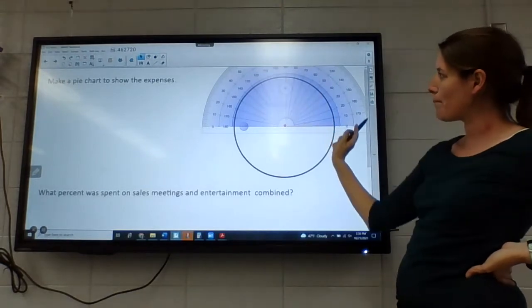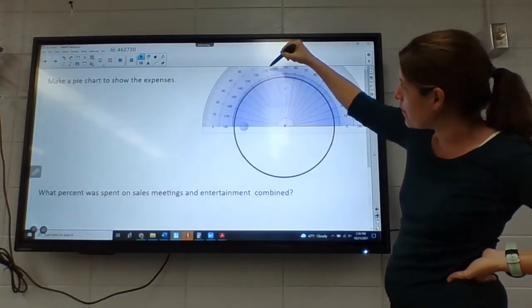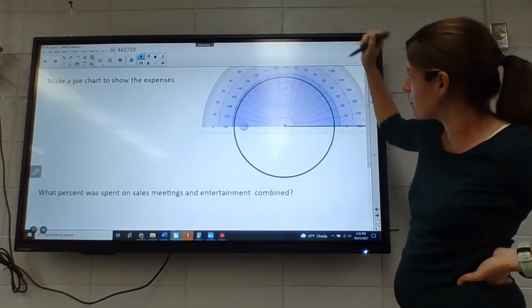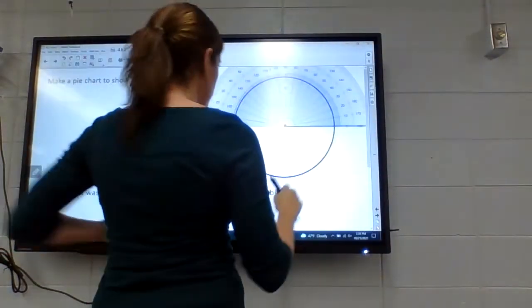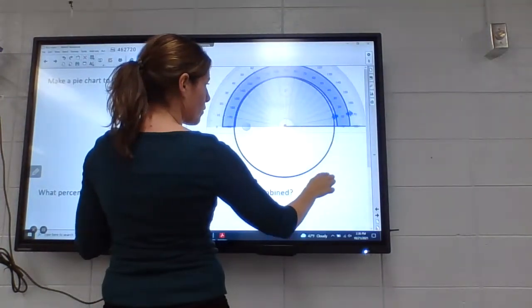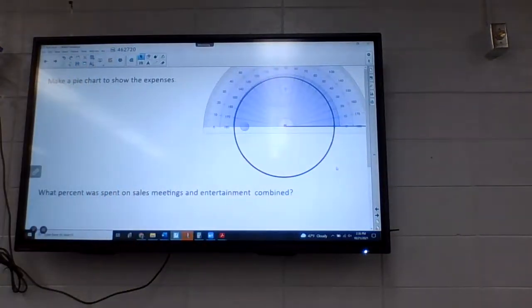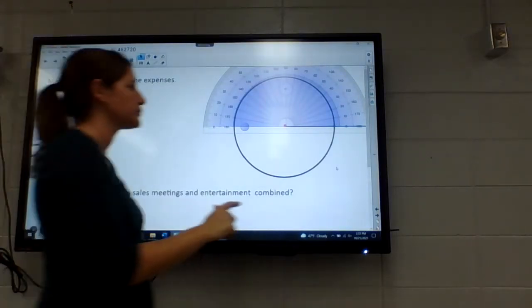It should go past the middle line. 108 is going to be somewhere up over here. If you make a dot at 108, you should be able to connect that line back to the center of the circle.